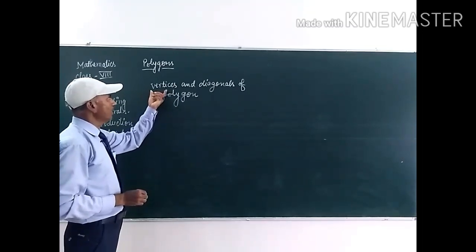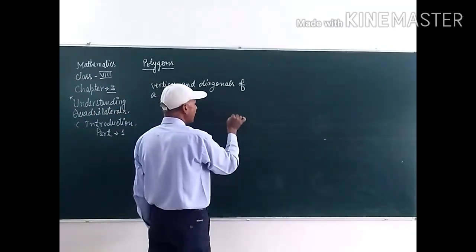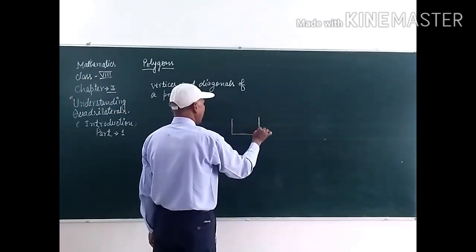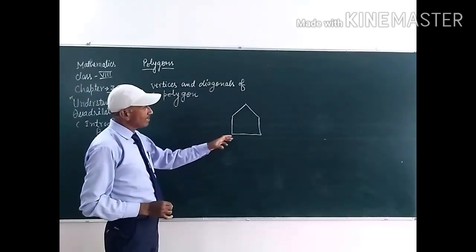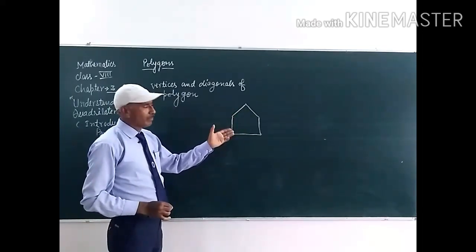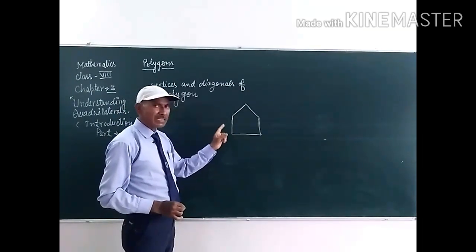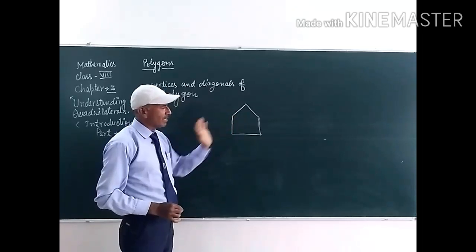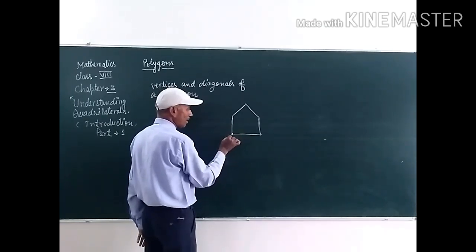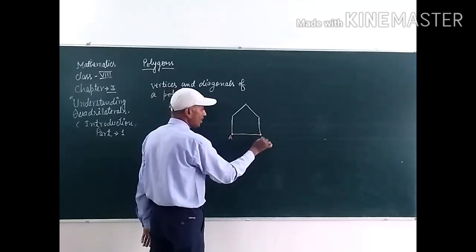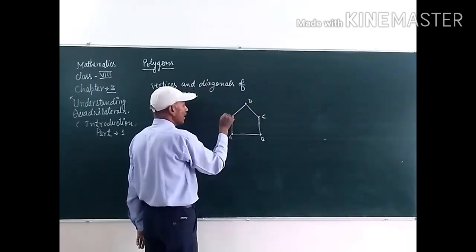We have to understand what the vertices and diagonals of a polygon are. So first of all, we will draw a polygon. This is a polygon, student, and this is known as a pentagon because of 5 sides. Special name of this figure is pentagon. So student, this point is A, this is B, this point is C, D, and this point is E.